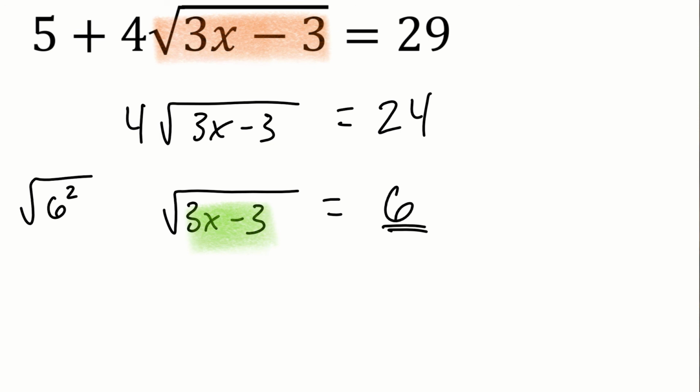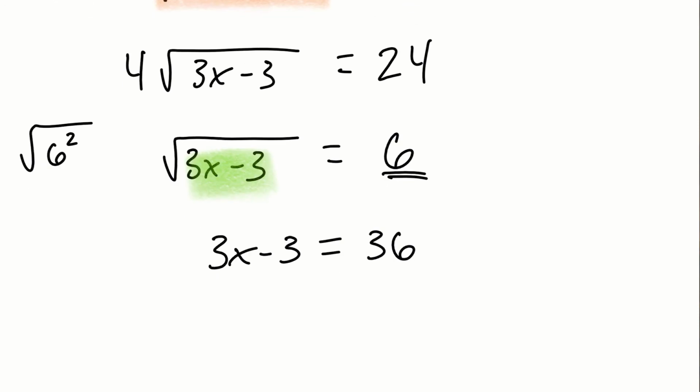So at this point, looking inside, I know that the expression inside the radical, this 3x minus 3, must equal 6 squared, because when I take the square root of that, I'm going to get 6. So I just set this equal to 6 squared and then solve.